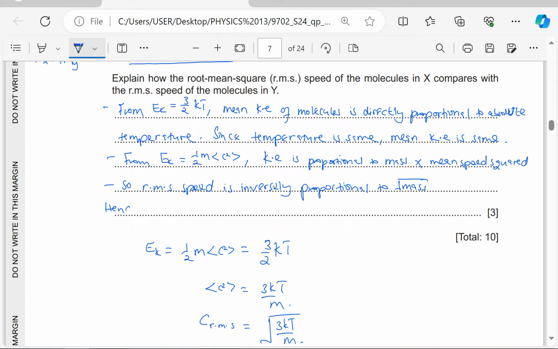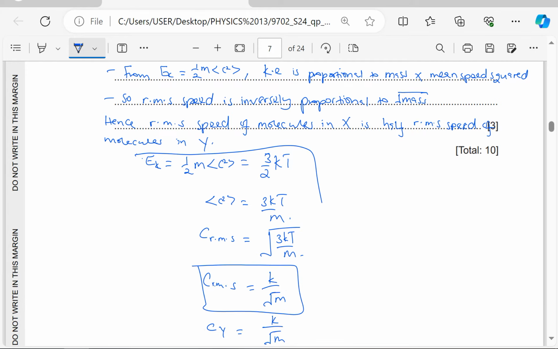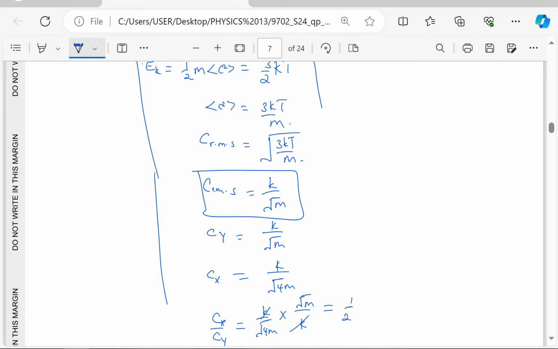Hence, the root mean square speed of molecules in X is half the root mean square speed of molecules in Y. And by the way, I can just fill that gap with this calculation and write a conclusion.